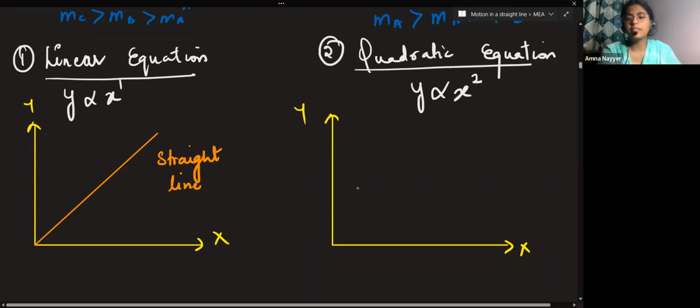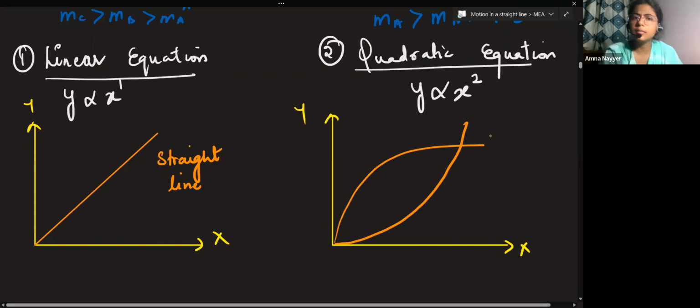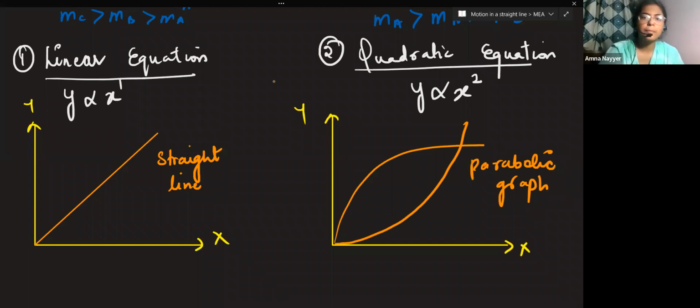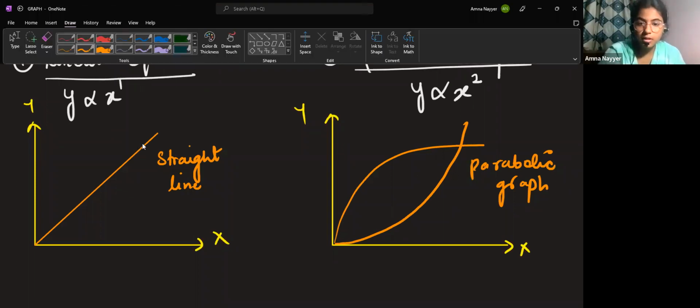So your graph will be a parabolic graph. This can be an increasing parabolic graph and this could be a decreasing parabolic graph. But this nature of graph, we call it a parabolic graph. Now, inverse relation graphs are also there.